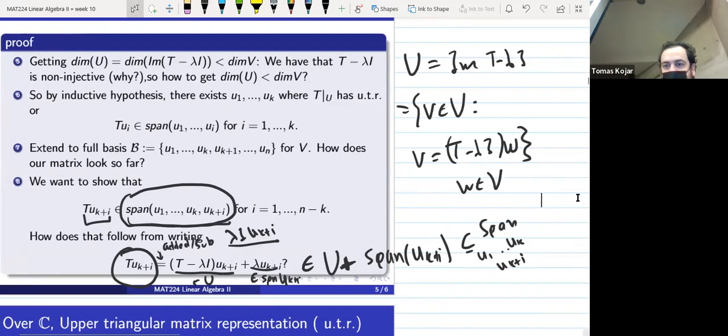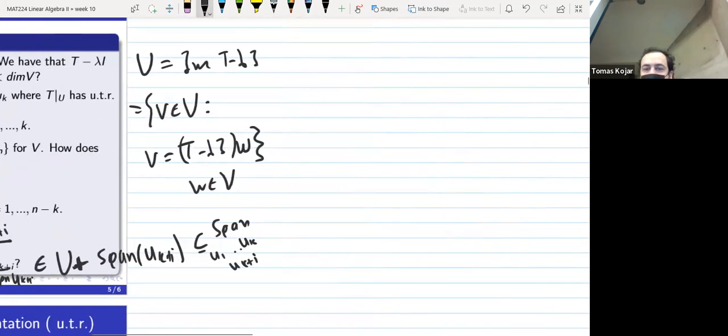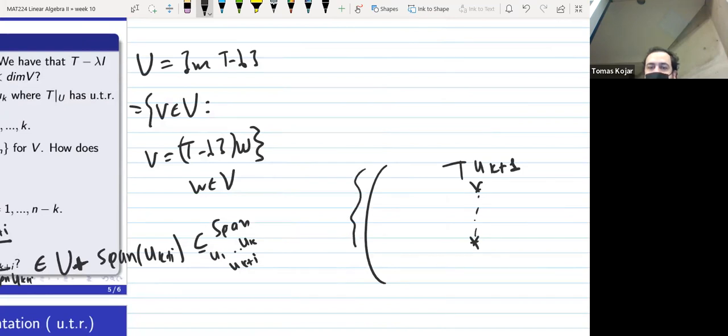Just to show you what that means. You go to the TUK plus 1, and it's stuff up to the K row, and then also the K plus 1 row, but then there's no dependence on the other stuff, so it's just zeros.